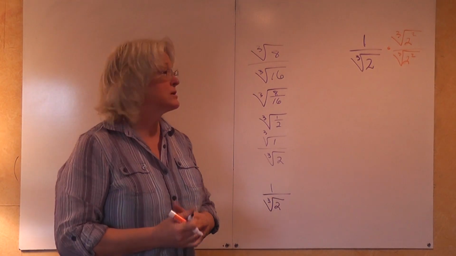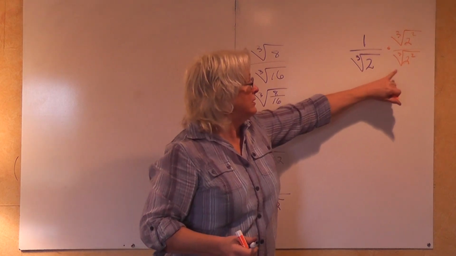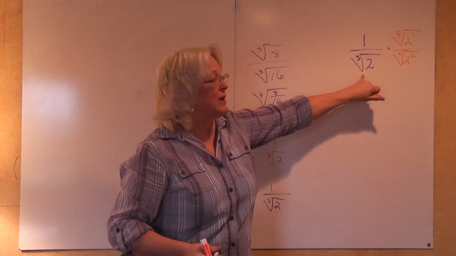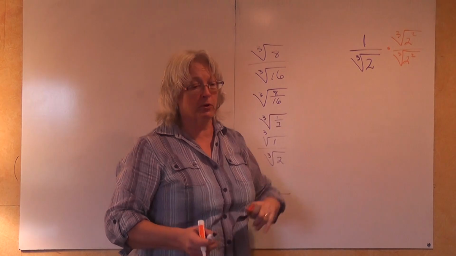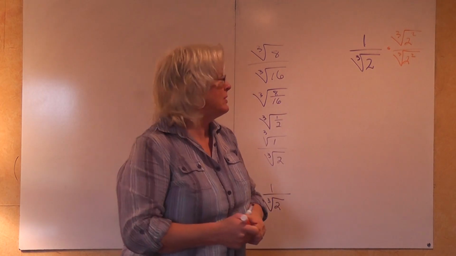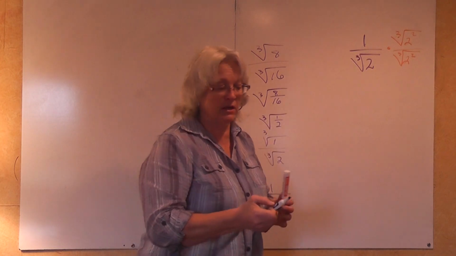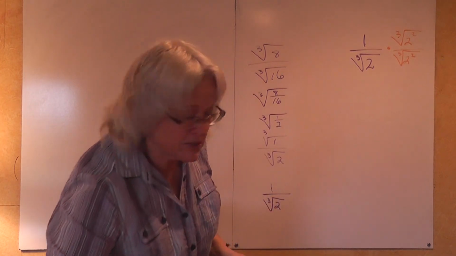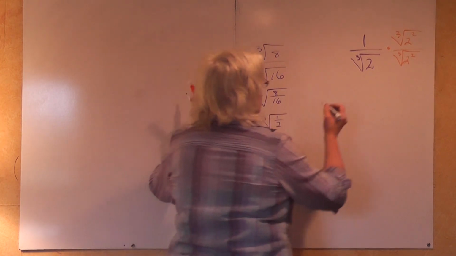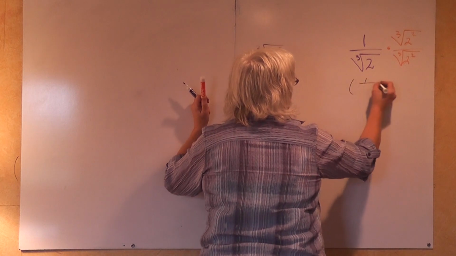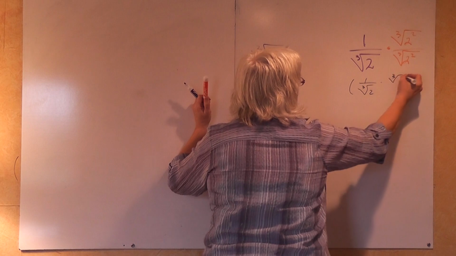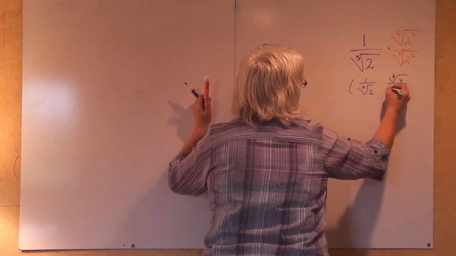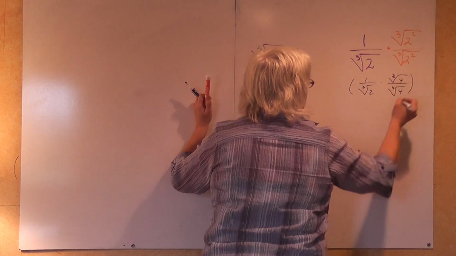Why am I doing this? Because I want to multiply what's underneath the radical symbol, 2 times 2 times 2. I'm looking for a perfect cube. What's another way that you could have written this? You could have also written this, shown your work, 1 times the cube root of 2 times the cube root of 4 over the cube root of 4.